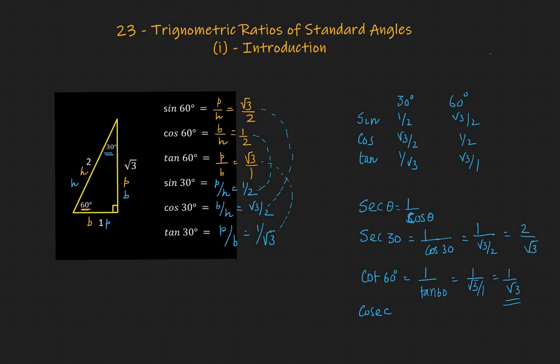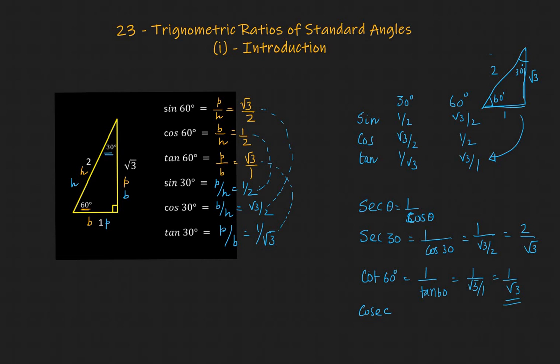But I would highly recommend you not to remember this in a pure table format, but to always remember it with a triangle, and that'll always be handy, and you can never go wrong. In a 60-degree, 30-degree triangle, this would be root 3, and from this you can construct this table whenever you want.